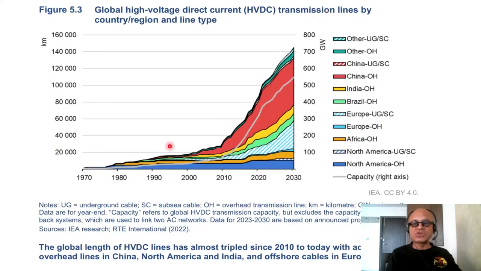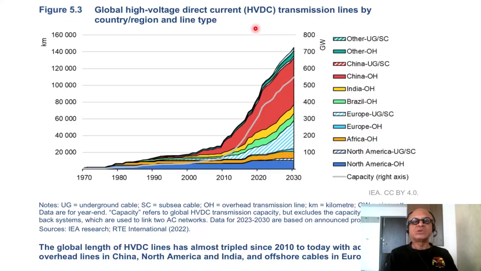I just wanted to show this, that we expect this to ramp up in terms of the various players in China, India, whether it's overhead, underground, or under the ocean, and so on. Okay, so this is subsea cable, underground, and overhead, and you can see that China overhead is the biggest contributor here, with India, Brazil, Africa, and so on adding as well.